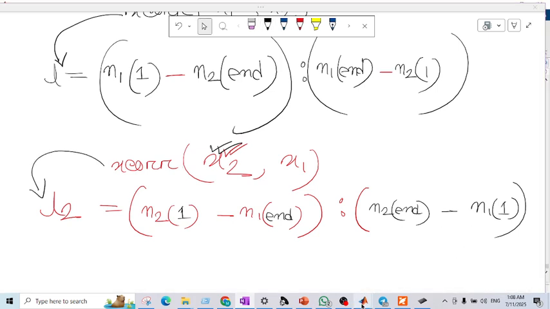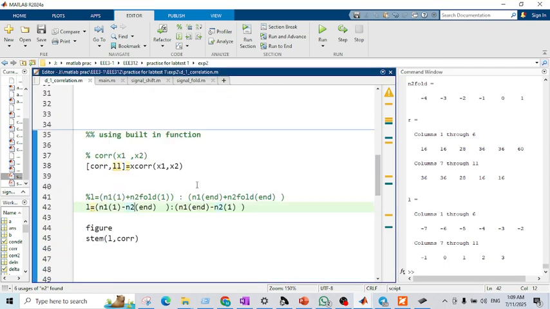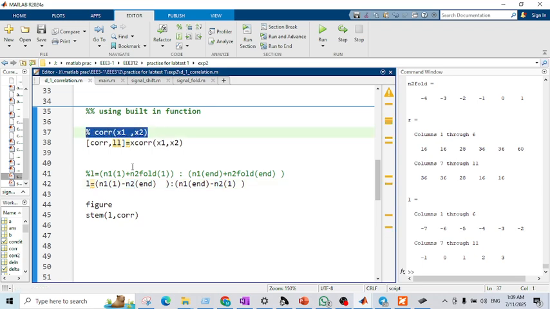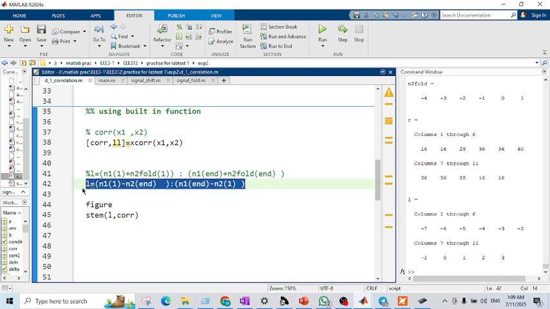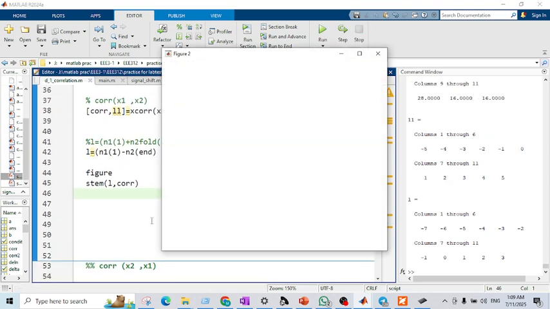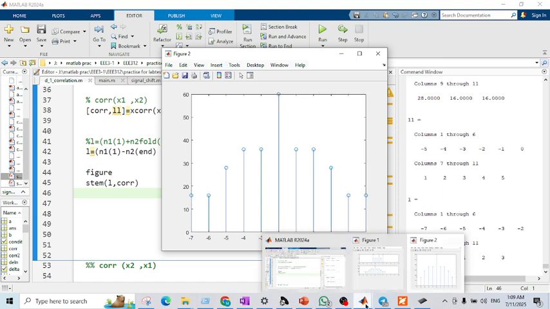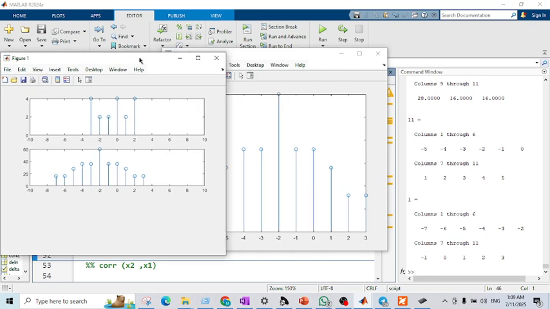Now let's go to our code. This is my code for x1 comma x2. I have written this L, and if I run this portion, see, I get a peak at -2. This matches my previous result.